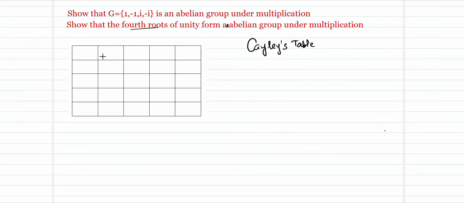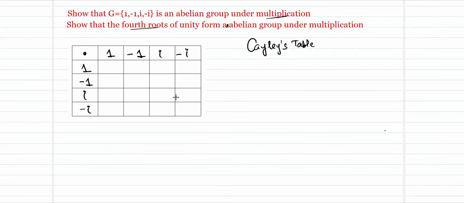What we are going to do here is take the operation, which is multiplication, in the first box, and now fill your elements on the left as well as on the top: 1, -1, i and -i.